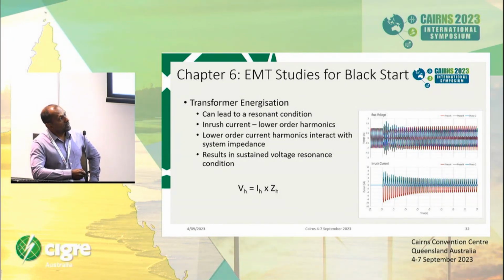As you see here, the bottom one is the inrush current, the top one is the bus voltage. This can lead to a sustained situation where the voltage condition pushes the transformer into the saturation region, and it will draw more current, and more current causes more voltage distortion. Sometimes it may take quite a long time to damp out these oscillations.